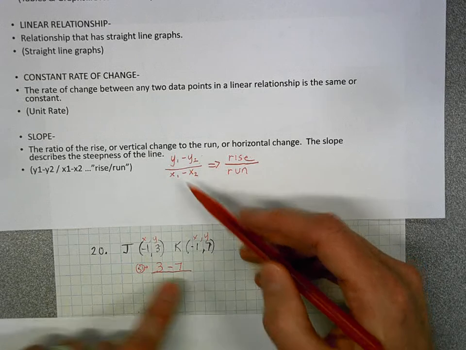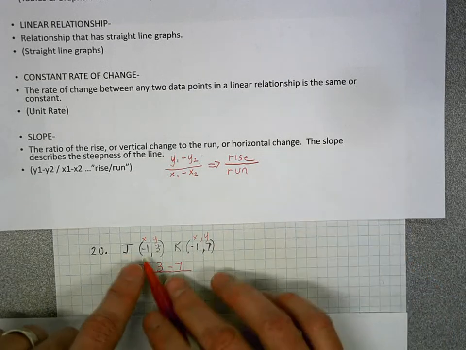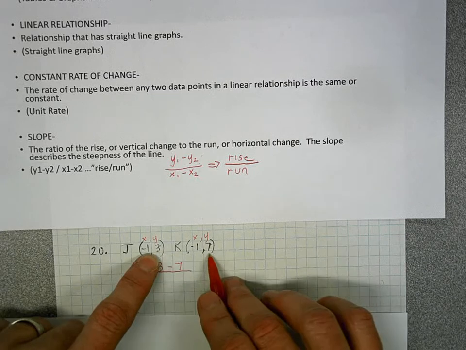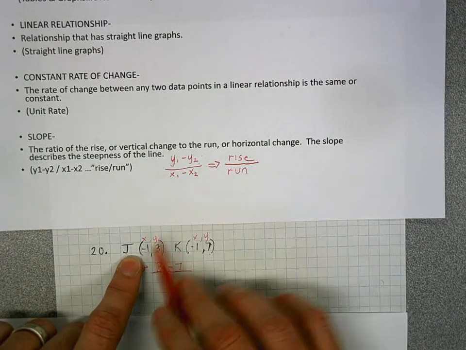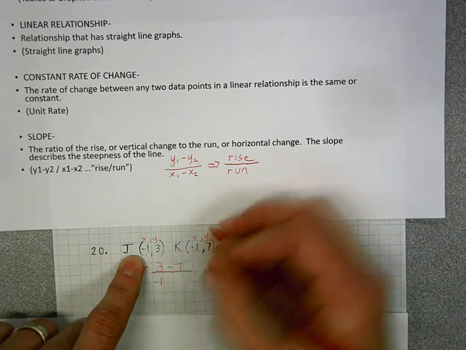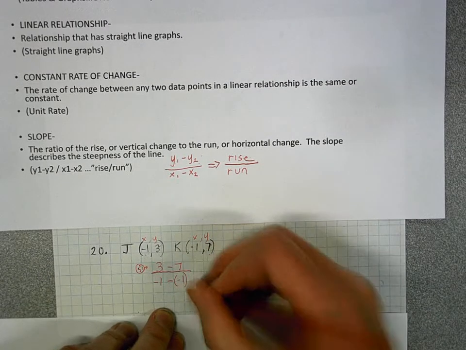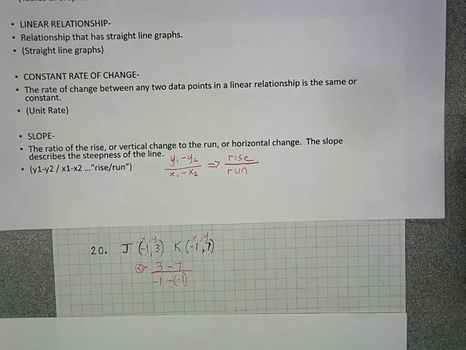Then, and be very careful of this, whichever order you do it, you need to make sure you stay consistent. So if it's the first y minus the second y, then you need to make sure that the run is the first x, -1, minus the second x, which is, in this case, -1. All right.